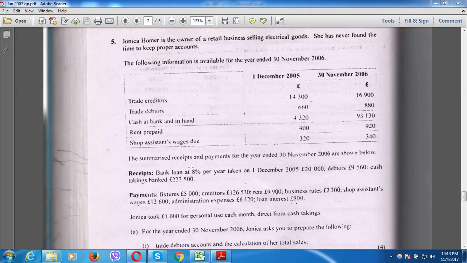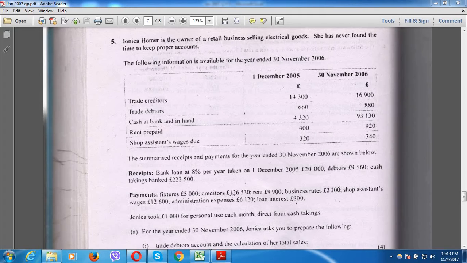The summarized receipts and payments for the year ended 30th November 2006 are shown below. Receipts: bank loan at 8% per year taken on 1st December 2005, £20,000. Debtors £9,560. Cash takings banked £222,500. Payments: fixtures £5,000.